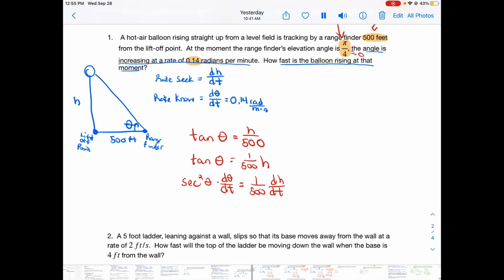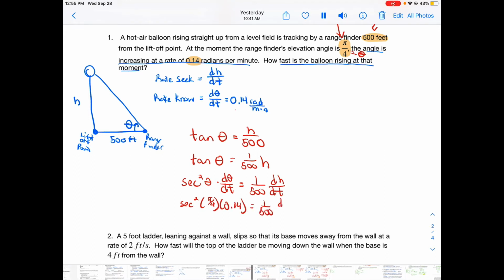I know that theta is pi over 4, so I can replace every theta with pi over 4. I also know that d theta dt, the rate of change, is 0.14. And dh dt is the rate of change I'm trying to seek. At this point, what you're trying to seek should be the only variable left in your equation. And so now I'm just solving this equation for dh dt.